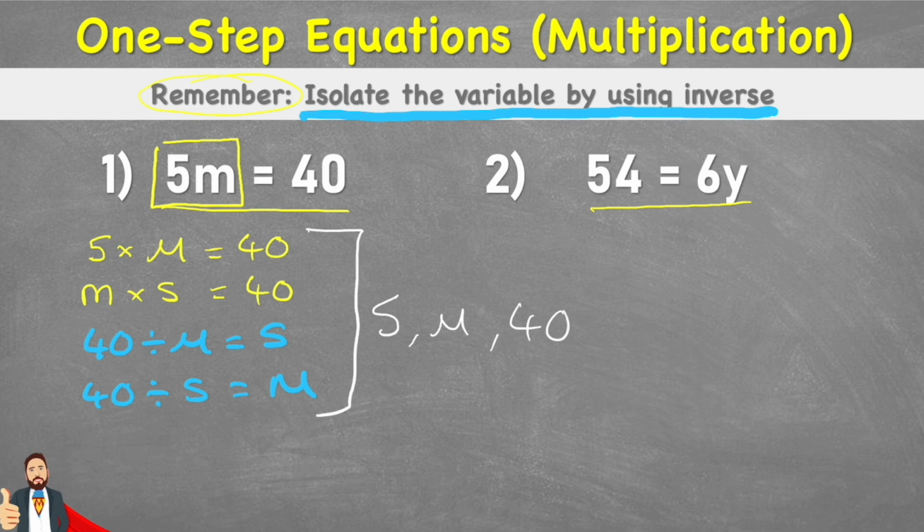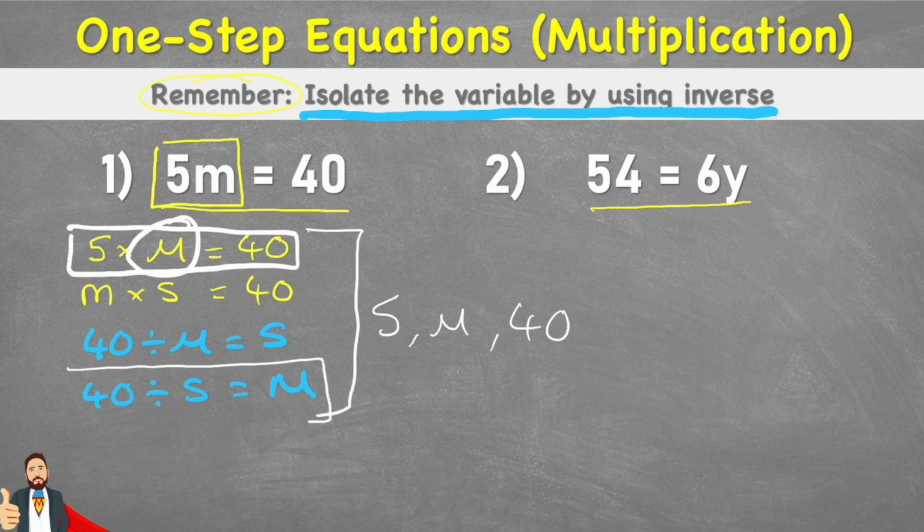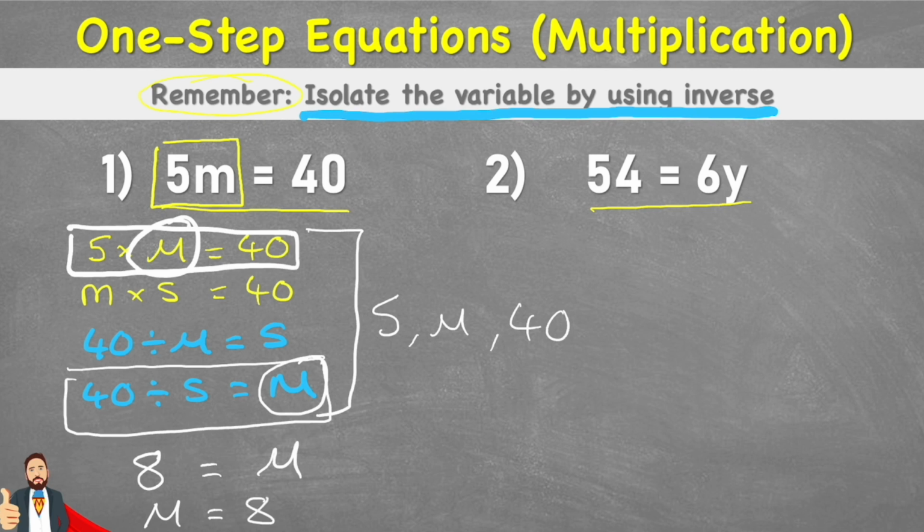But looking at our first one, we can see that the m is in the middle, so we don't know the value. But looking at one of these inverse, I can see this end one has the m, the variable, on the end, on its own, so we can simply solve this one to work out the value of m. And I can do 40 divided by 5 equals 8, so 8 equals m, or in other words, m equals 8. So what's the value of m? It would be 8 in this example.